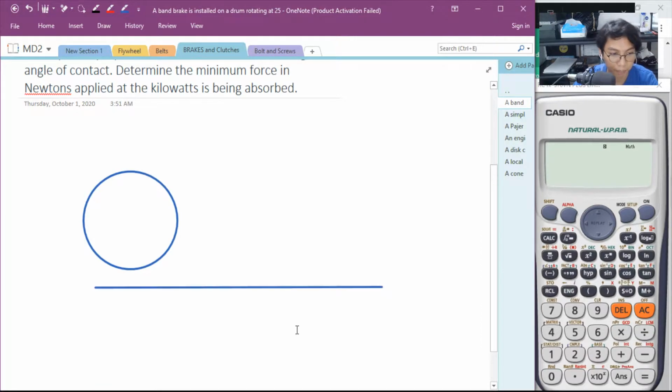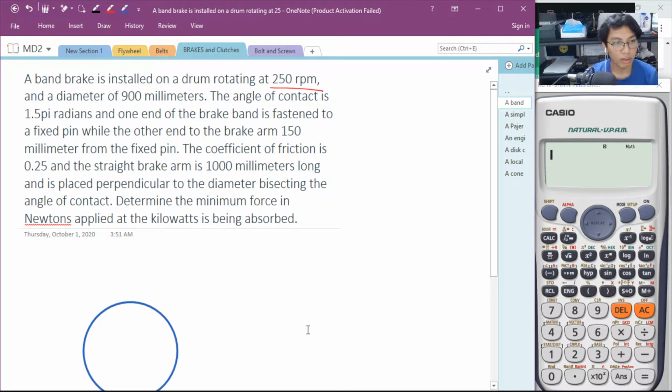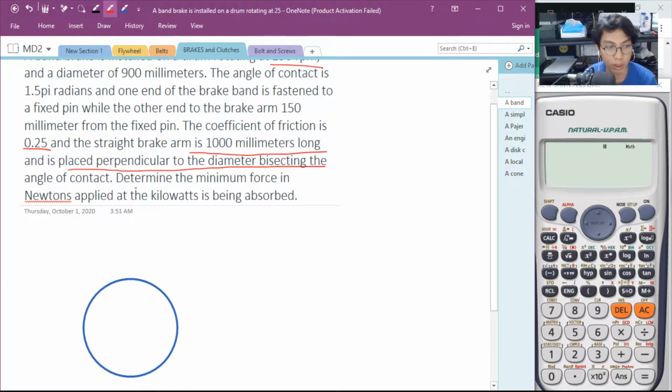The coefficient of friction is 0.25 and the straight brake arm is 1,000 millimeters long and is placed perpendicular to the diameter bisecting the angle of contact. So, diameter bisecting the angle of contact. Determine the minimum force in newtons.